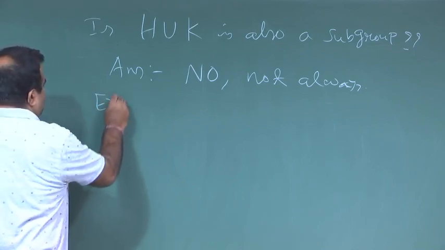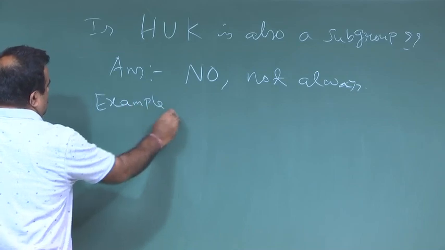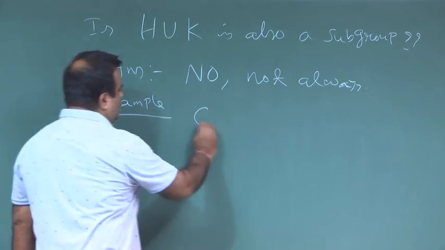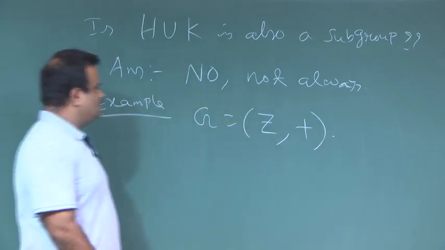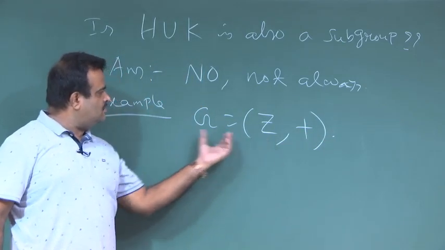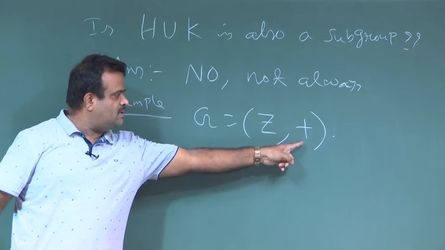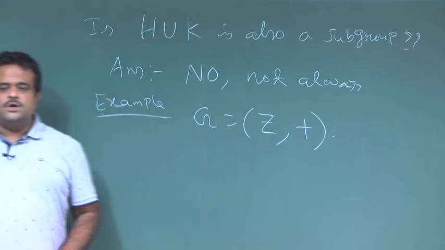So, what is the example? If you take a group G to be Z under plus, this is the set of all integers, and we consider this along with this operation, G is a group.